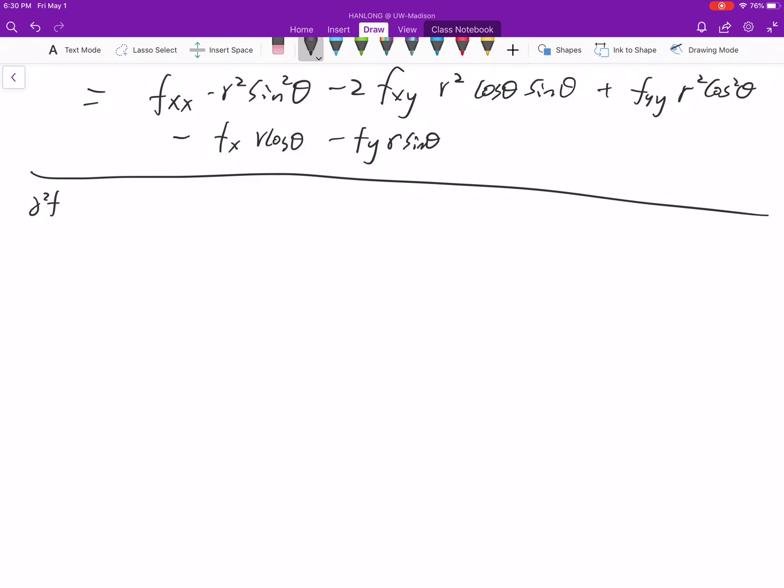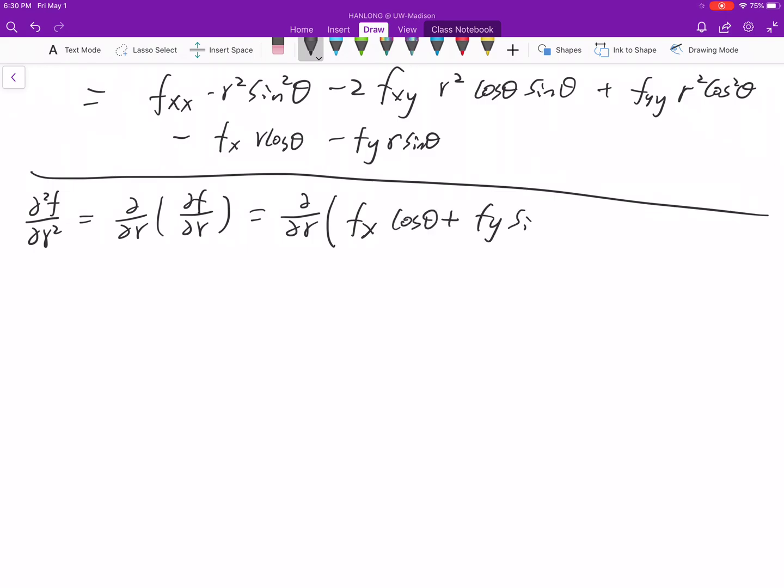Now let's take the derivative of this one. So this is partial r, partial f partial r. And we recall what partial f partial r is. This is fx times cosine theta plus fy times sine theta. Then if you use the product rule, you would only have this because the r derivative of cosine theta or sine theta is 0.